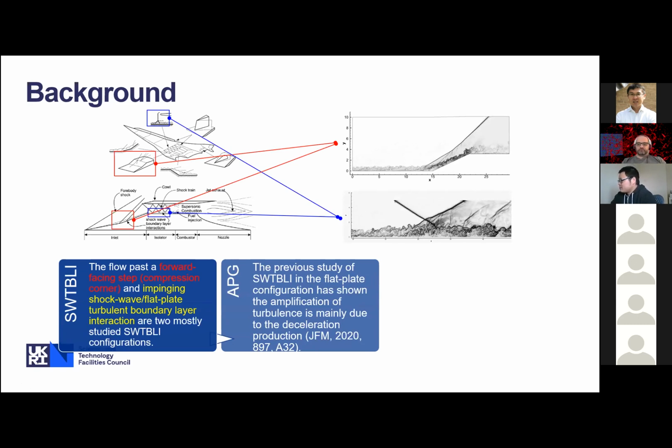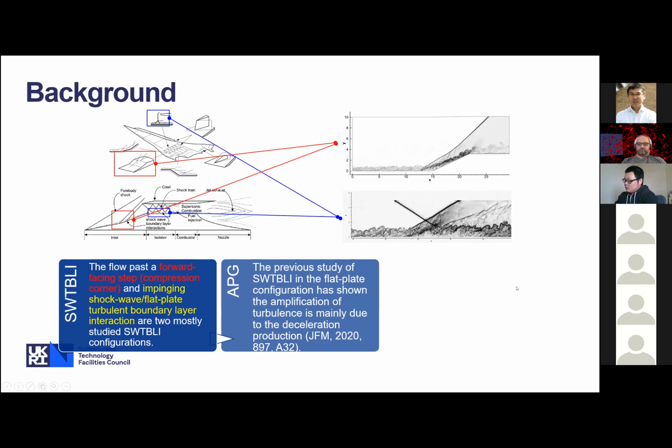Previously we did some DNS of the impinging shockwave boundary layer interaction, including the one for which the award was given. But from that research, we drew a very important conclusion: that the turbulence amplification is mainly caused by the flow deceleration related to the adverse pressure gradient, and not the commonly believed shear driven mechanism.